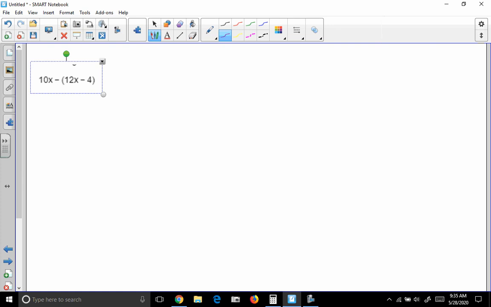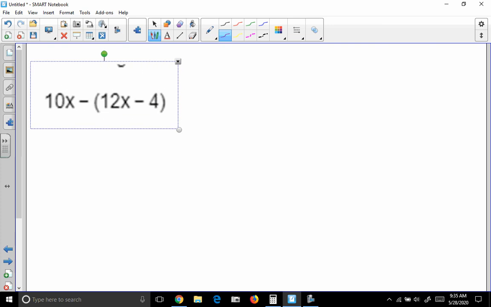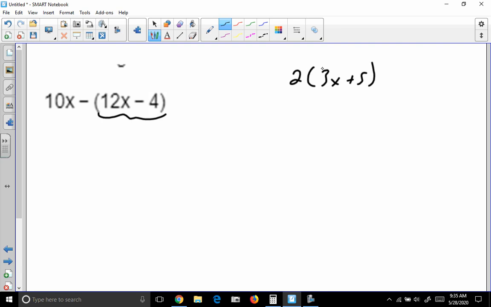Okay, so as we go on, this one we're doing a subtraction. We're taking away this parenthesis. Remember, if we have a number in front of a parenthesis, that number gets distributed to each of those terms. So 3x would get multiplied times 2, and 5 would also get multiplied times 2. That's known as the distributive property.